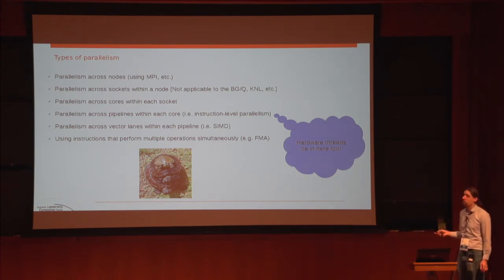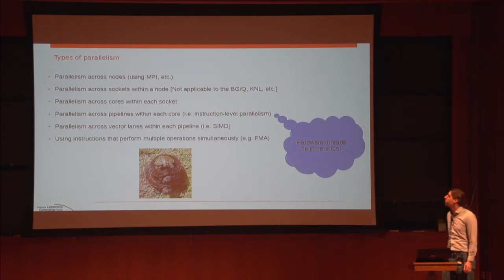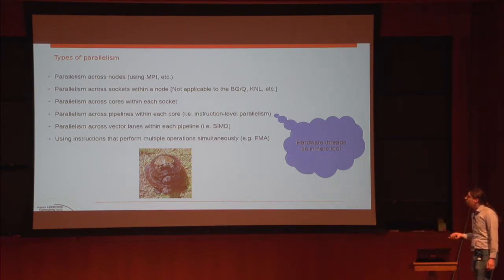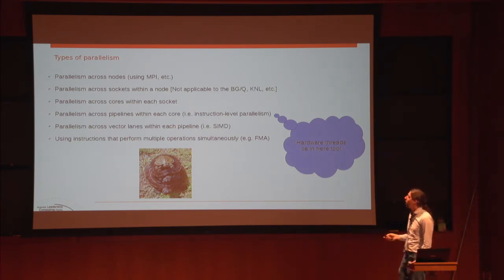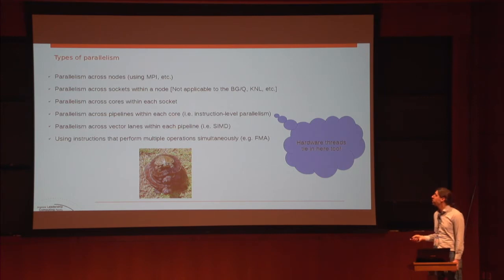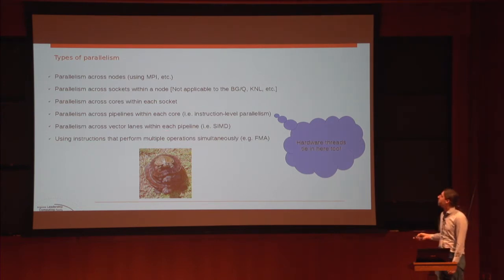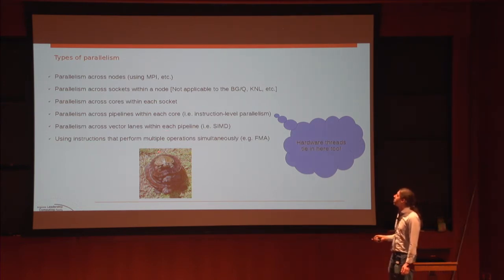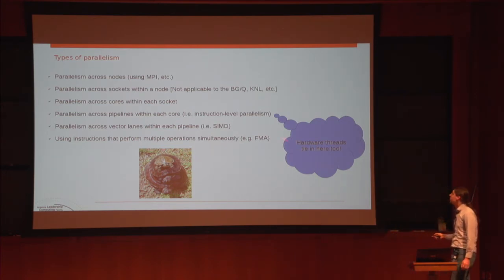Now, on the KNL or on any of the many core machines, there's normally one socket on each node, so this is not really relevant. Then there are multiple cores within each socket. You have multiple pipelines within each core, and the hardware threads fit in here. If you have SIMD, then you have multiple vector lanes within each pipeline. And then finally, there are special operations that perform multiple operations at the same time, like fused multiply add.